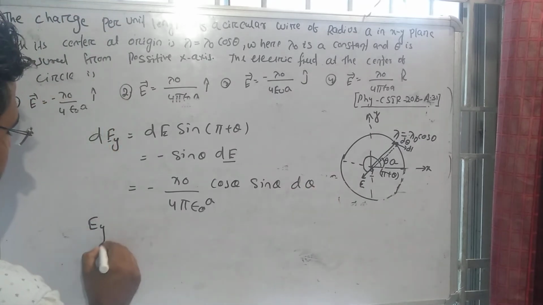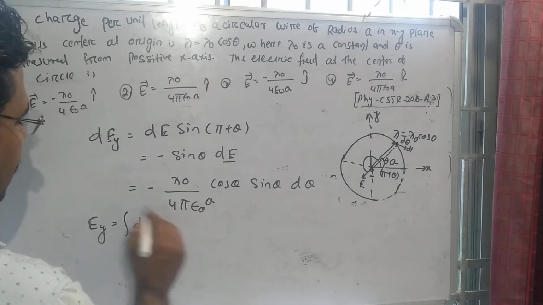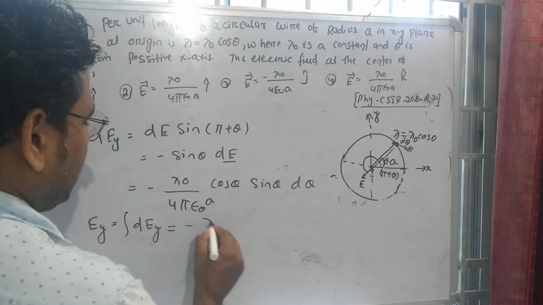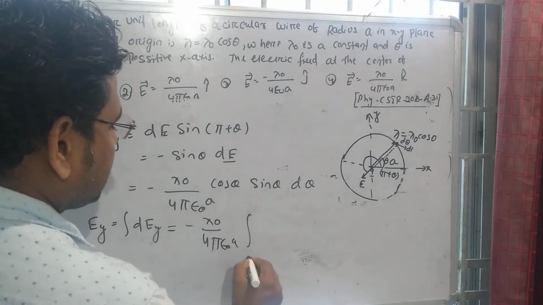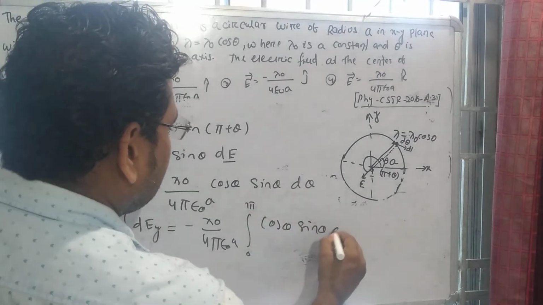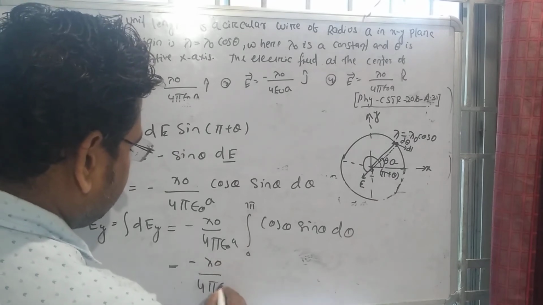So if you want to calculate the integration of the y component of the electric field, it is minus lambda 0 by 4 pi epsilon 0 times a, integration over 0 to 2 pi cos theta and sine theta d theta, and we can do this integration.